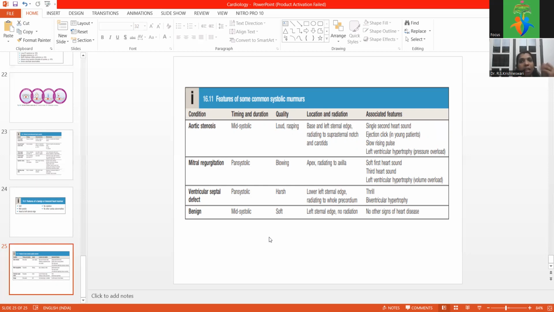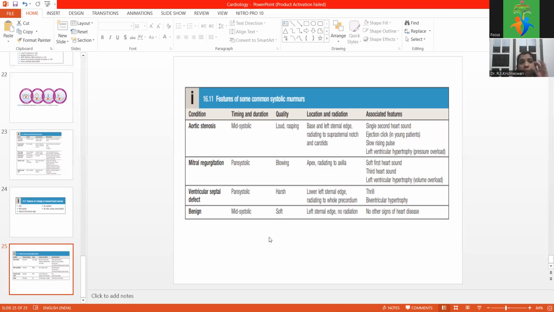Mitral stenosis, aortic regurgitation. And in case of mitral regurgitation and aortic stenosis, there will be a systolic murmur. What is mid-systolic, pan-systolic and all, we will study once we discuss valvular heart disease. Remember, in case of mitral stenosis and aortic regurgitation, there will be a diastolic murmur, and in case of aortic stenosis and mitral regurgitation, there will be a systolic murmur.